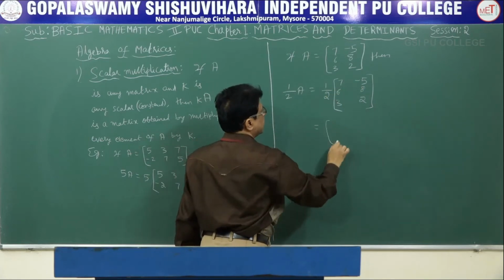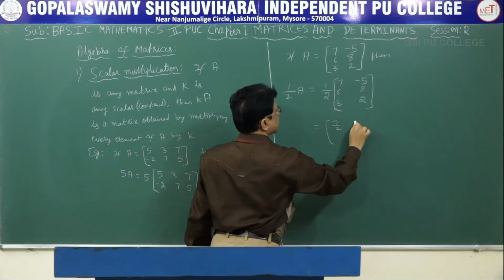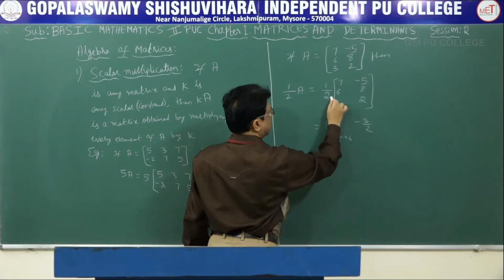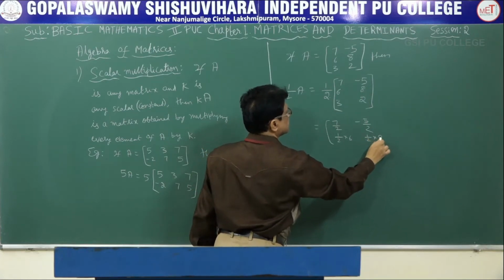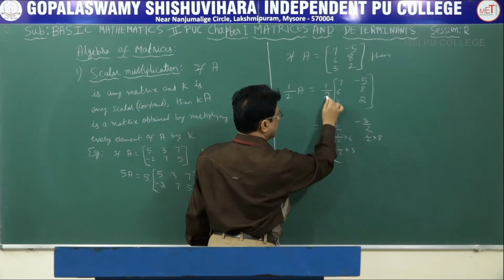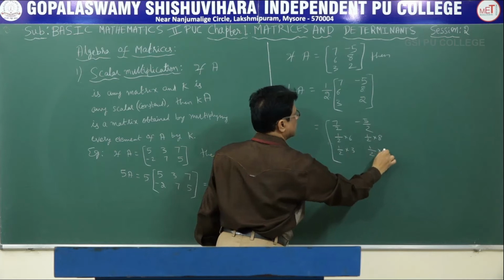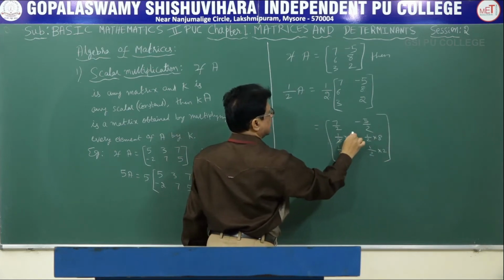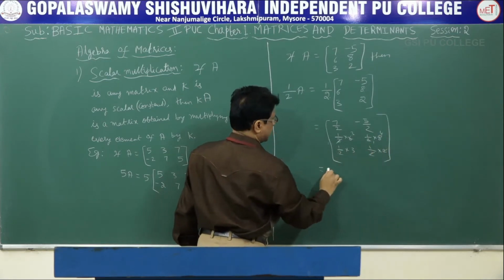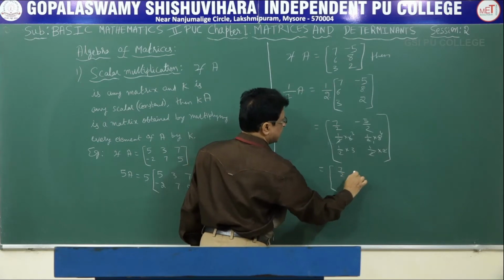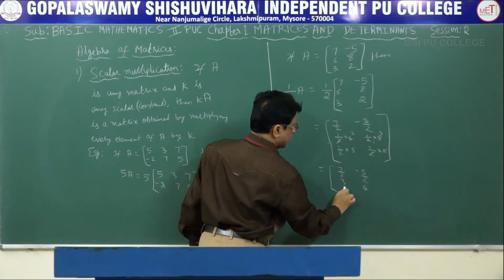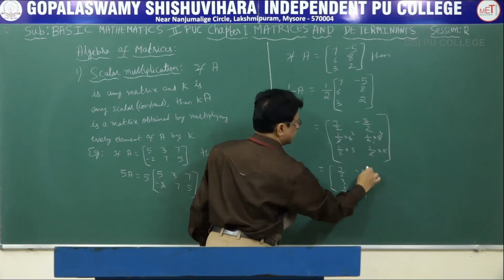So half into 7 is 7 by 2, half into -5 is -5 by 2, half into 6, half into 8, half into 3, half into 2. Here 2 1s are 2, 2 3s are 6, 2 4s are 8, and 2 will get cancelled. So that will be equal to 7 by 2, -5 by 2, 3, 4, 3 by 2, 1.